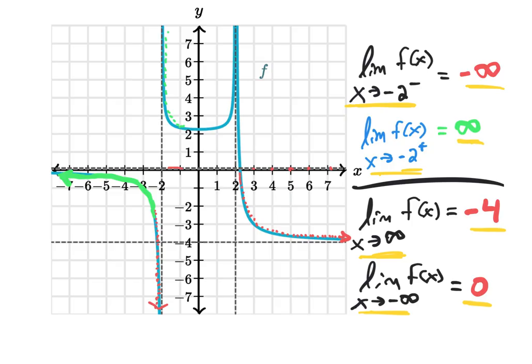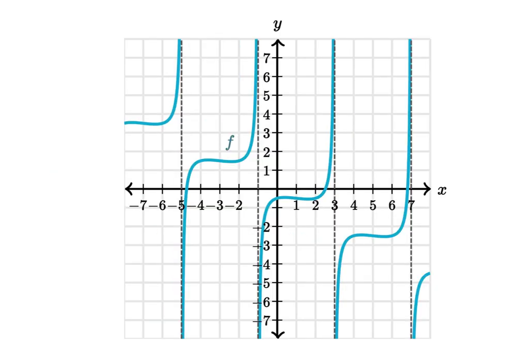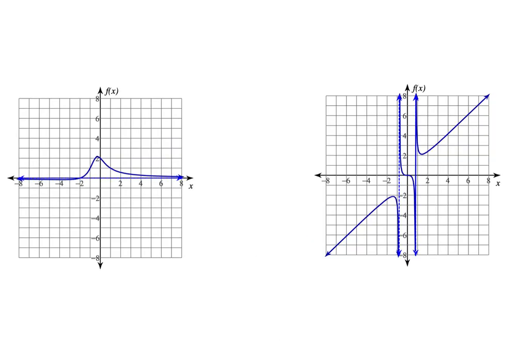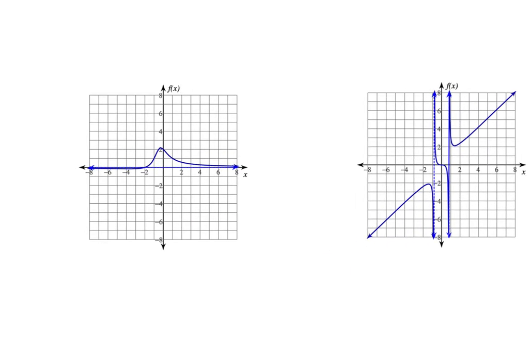Okay? It is definitely possible to get positive or negative infinity for the limit of f of x as x approaches positive or negative infinity. And we will see that a lot, but you don't see that in this example here because there's horizontal asymptotes. Okay, so sometimes, if you look at this last page, just quickly, for problem number 1, if you took the limit of f of x as x approaches infinity, you would get, for this one, 0, right?